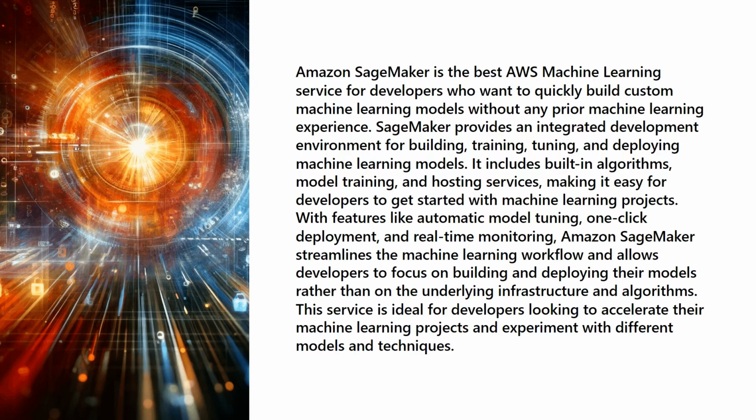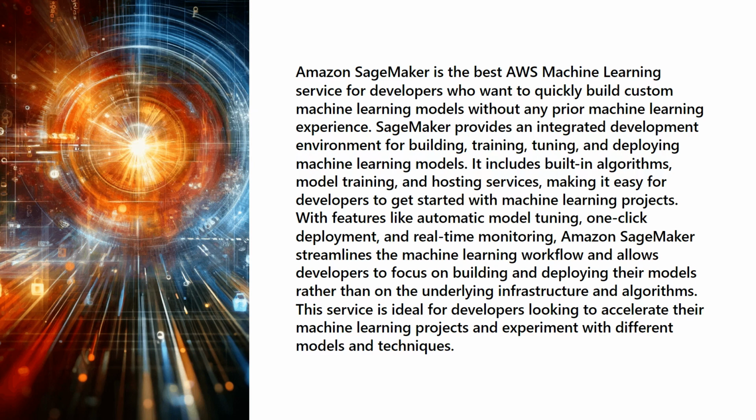Amazon SageMaker is the best AWS machine learning service for developers who want to quickly build custom machine learning models without any prior machine learning experience. SageMaker provides an integrated development environment for building, training, tuning, and deploying machine learning models. It includes built-in algorithms, model training, and hosting services, making it easy for developers to get started with machine learning projects.